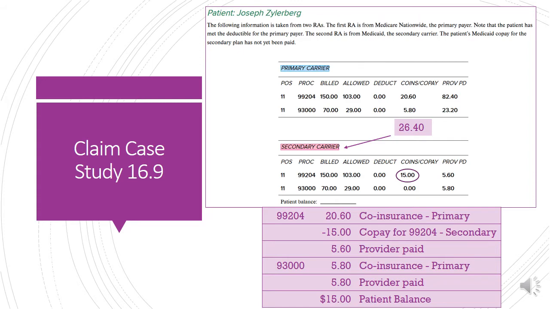Next, let's look at the procedure code 93000. The copay from the primary insurance that was submitted to the secondary payer is $5.80, and the provider was paid $5.80. The patient no longer owes this coinsurance as it was covered by the secondary payer. However, the patient does owe the $15 copay required by the secondary carrier.